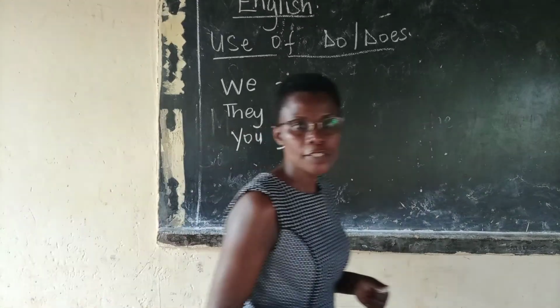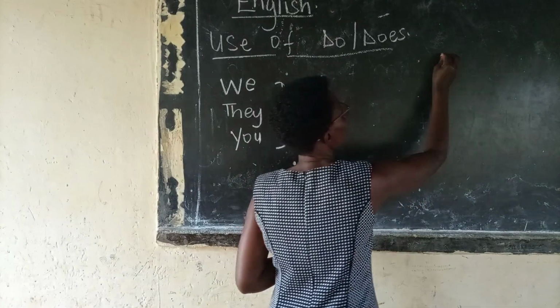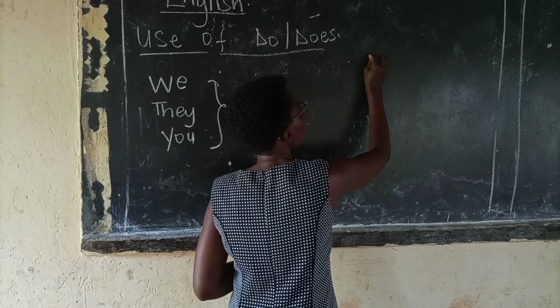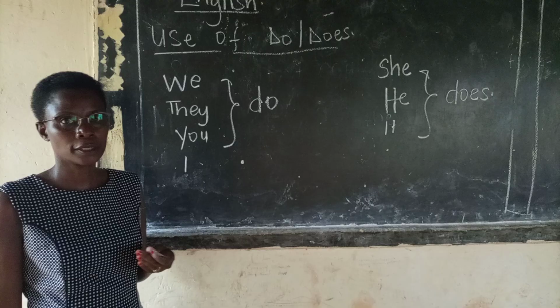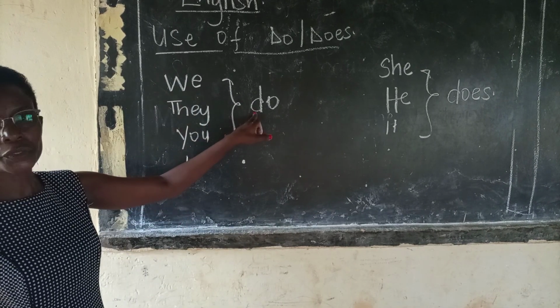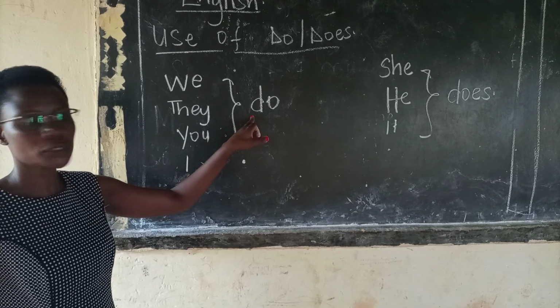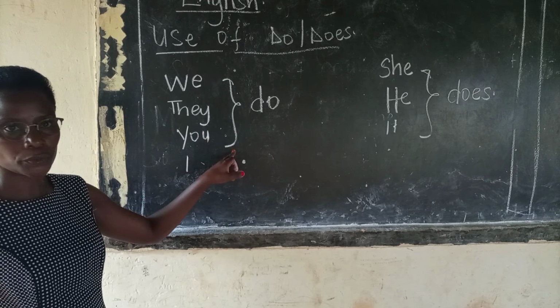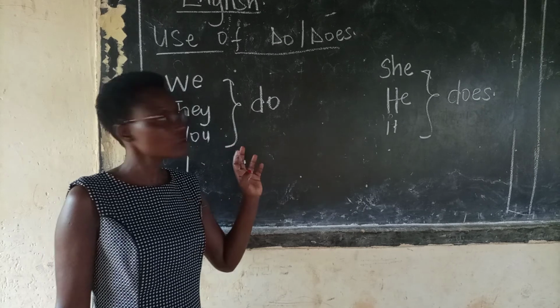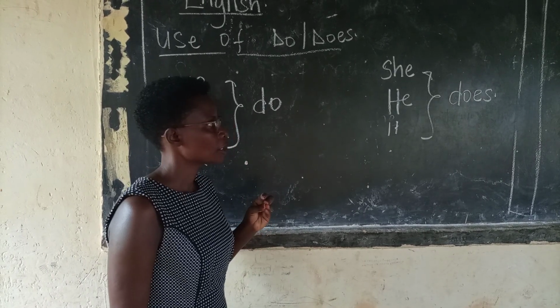And does is used in singular. So this is how it goes: we do, they do, you do, I do. Then with does, we use she, he, and it.